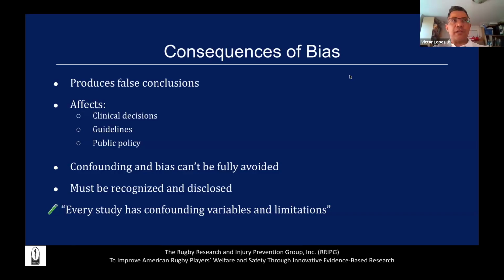Let's first start with the data collector. If they come from different backgrounds, their interpretations may be different. So we have biases between physical therapists, doctorates in physical therapy, athletic trainers, physicians, and then our trained research data collectors.